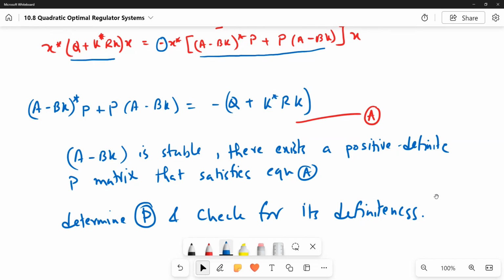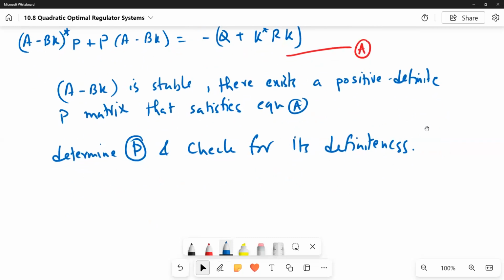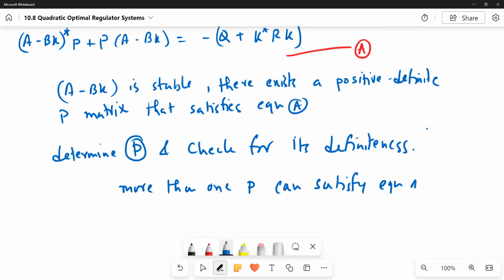It may happen that more than one P can satisfy equation A, but we are looking for only the positive definite one.